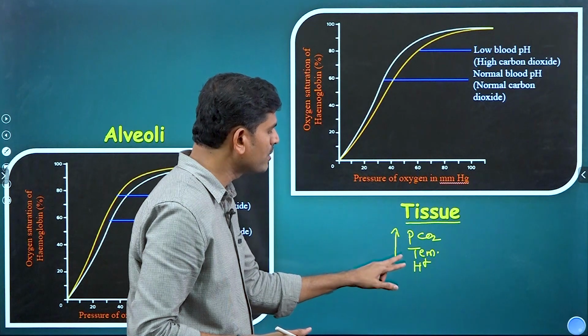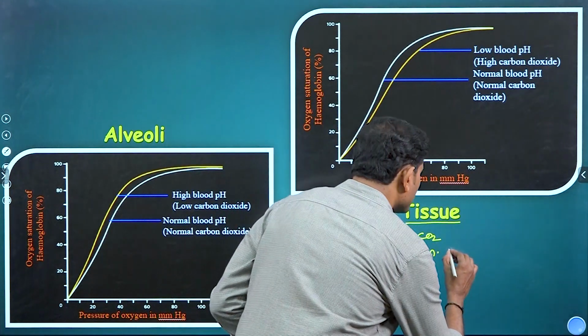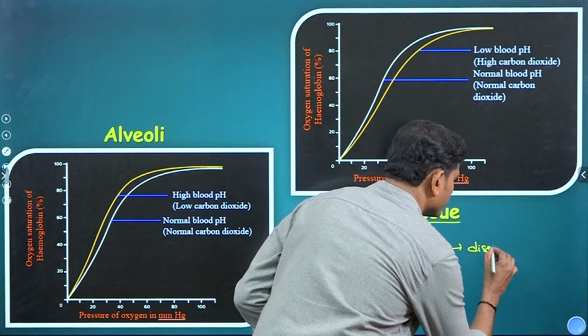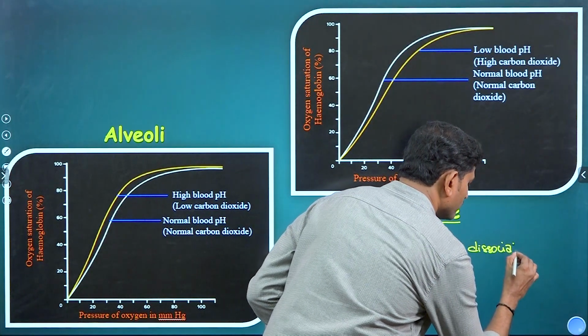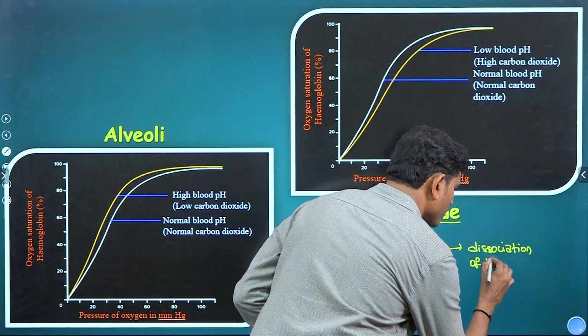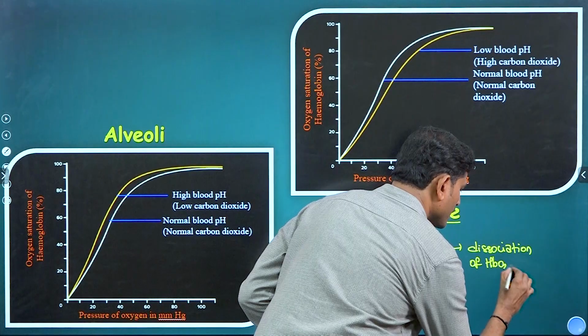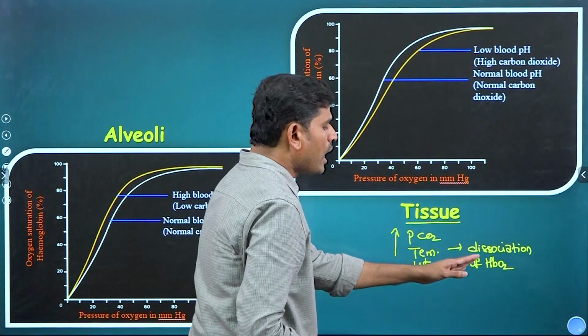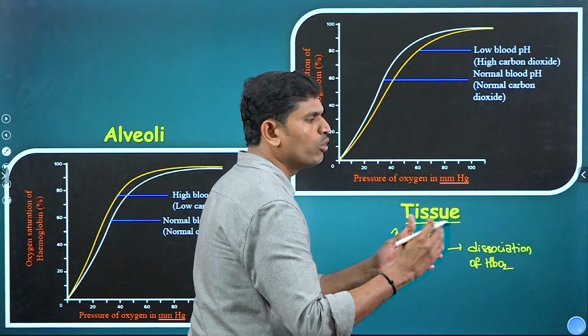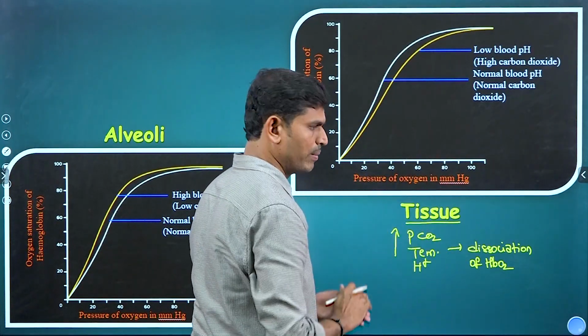These three factors favor the dissociation of HbO2, meaning oxyhemoglobin will dissociate and hemoglobin forms the bond with carbon dioxide.